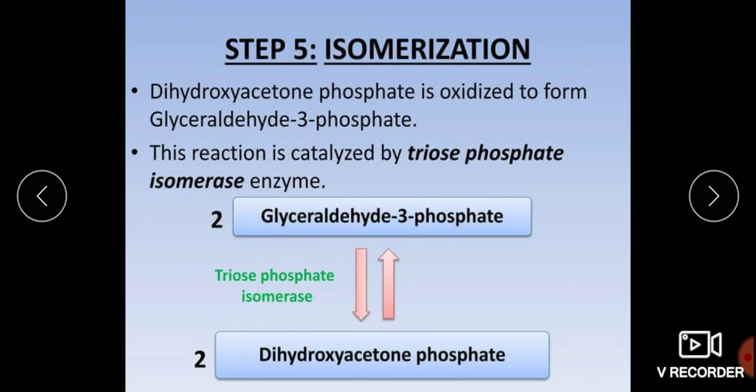Out of these two, glyceraldehyde 3 phosphate continues to glycolysis, and also the remaining compound dihydroxyacetone phosphate further gets converted into glyceraldehyde 3 phosphate and continues in glycolysis. We can say that there is a formation of two molecules of glyceraldehyde 3 phosphate.